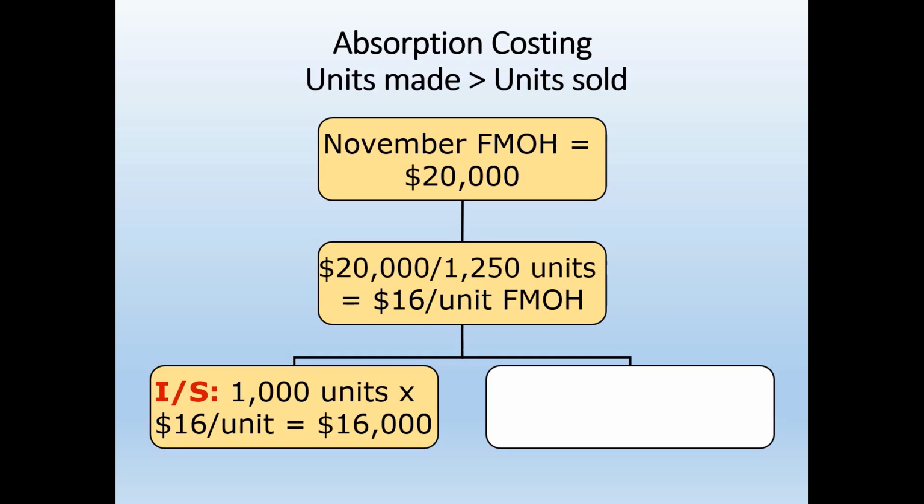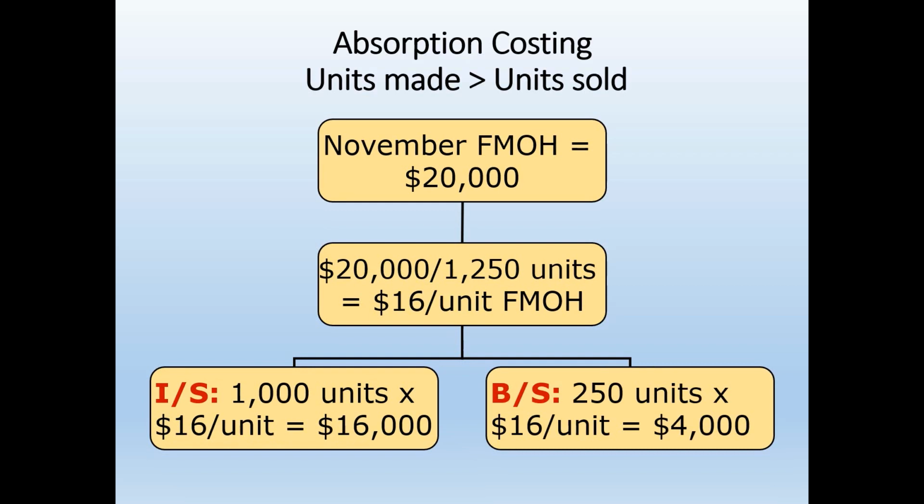What happened to the rest of the fixed overhead? Absorption costing treats fixed overhead as a product cost. That means each unit's share of the fixed overhead is attached to that unit. So the 250 units that didn't get sold would end up on the balance sheet as ending inventory.